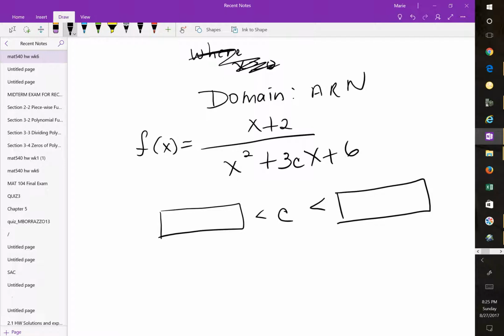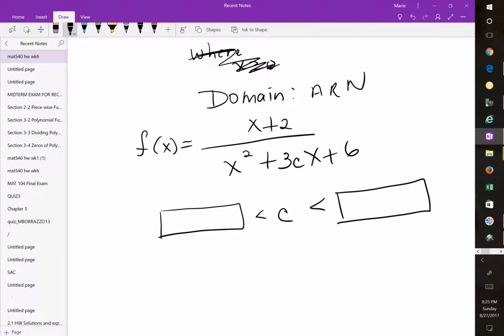Okay, so what we need to think about here is going back to some basics, and we need to look at this through the eyes of the discriminant.